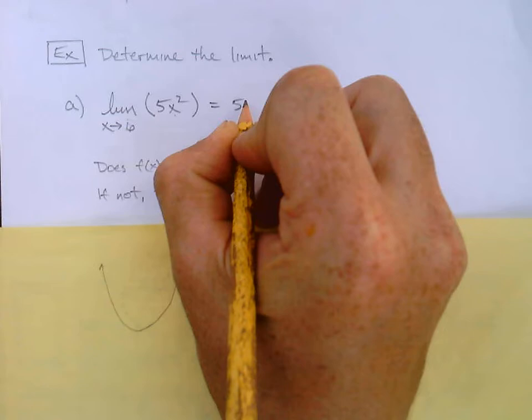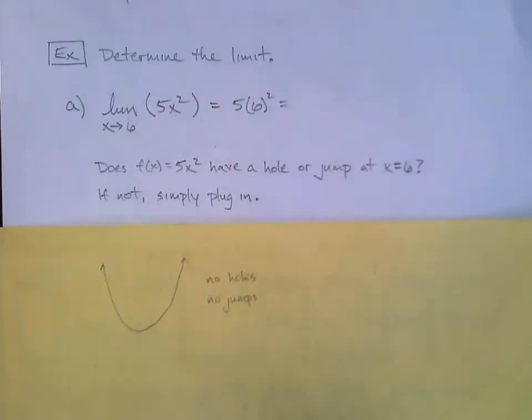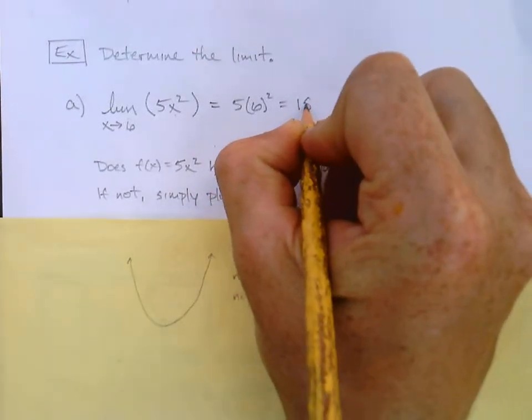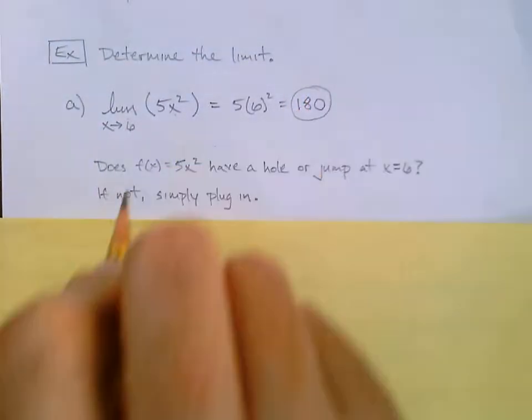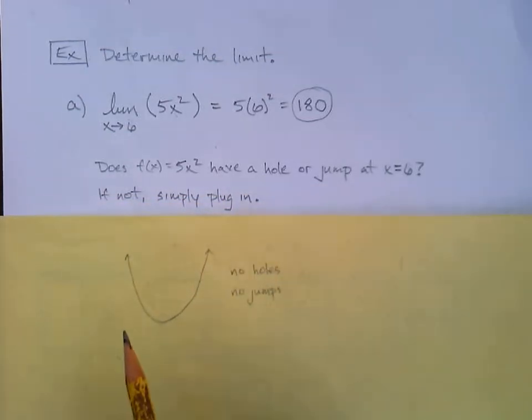So 5 times 6 squared. If we compute that, I'm going to grab my scientific calculator here, my TI. 5 times 6 squared gives us 180. And there's our answer. So this one behaves very nicely. If it doesn't have a hole or a jump, we can just plug that in.